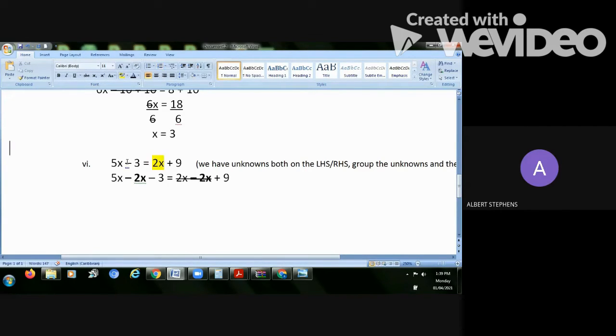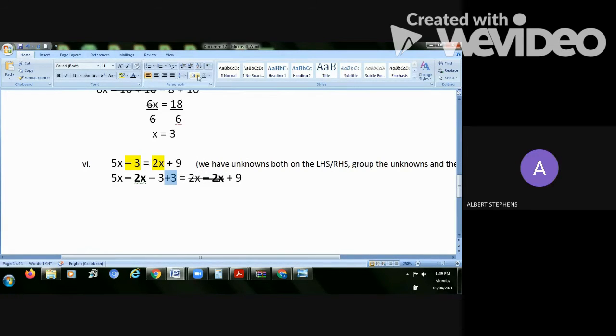And what I need now is to get rid of that negative 3 on the left hand side, not true? If I want to get rid of that negative 3 on the left hand side, I'm going to have to add 3. Would you agree? Yes, sir.